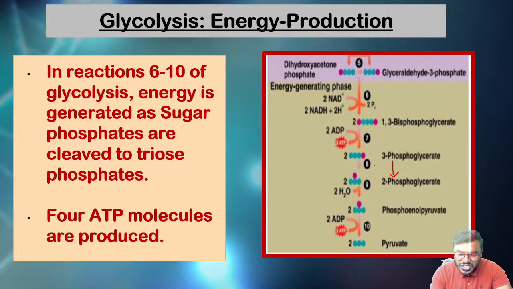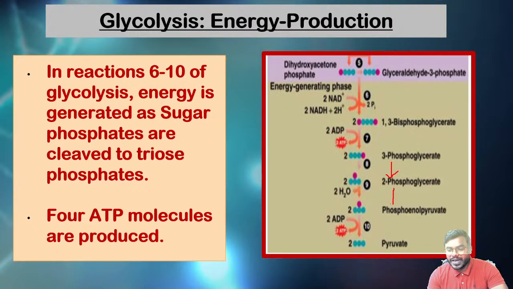There is a change in the position. 3-phosphoglycerate is converted into 2-phosphoglycerate, which means, remember everyone, follow my words, the phosphate group from the 3rd carbon shifted to the 2nd carbon. That is the simple reaction that happened. So 3-phosphoglycerate is converted into 2-phosphoglycerate. No loss, no gain of phosphate group.